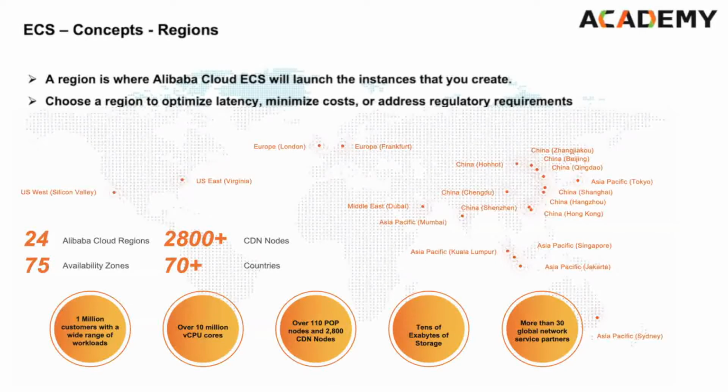So this is the updated view of the ECS instances which are available. Right now there are more than 24 Alibaba Cloud regions, including the 25th in Manila.